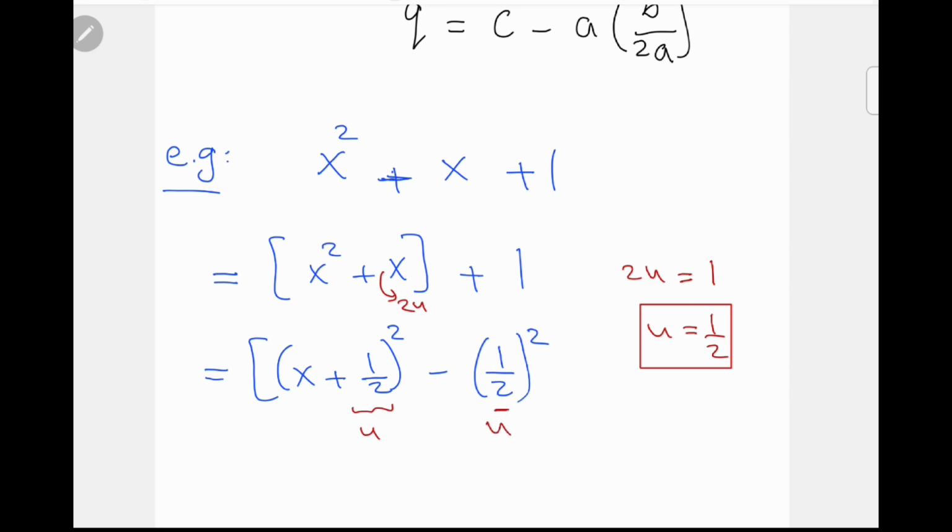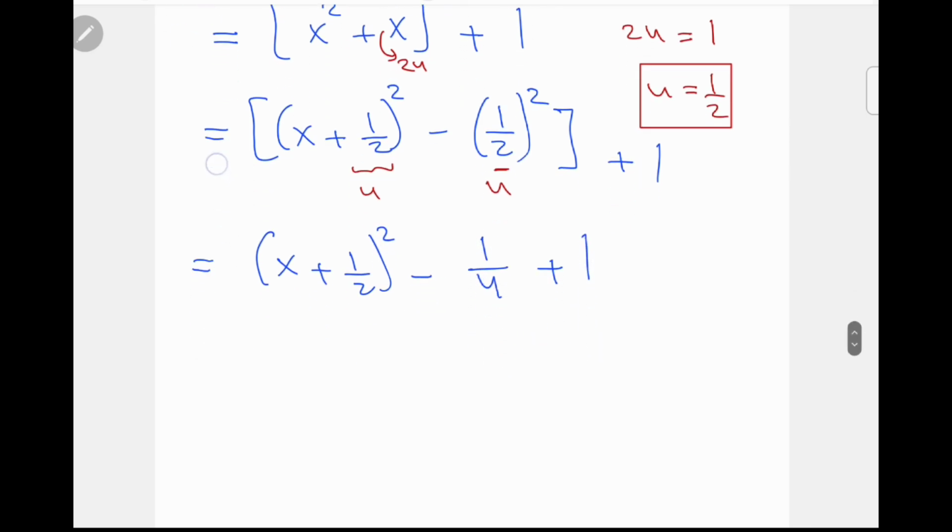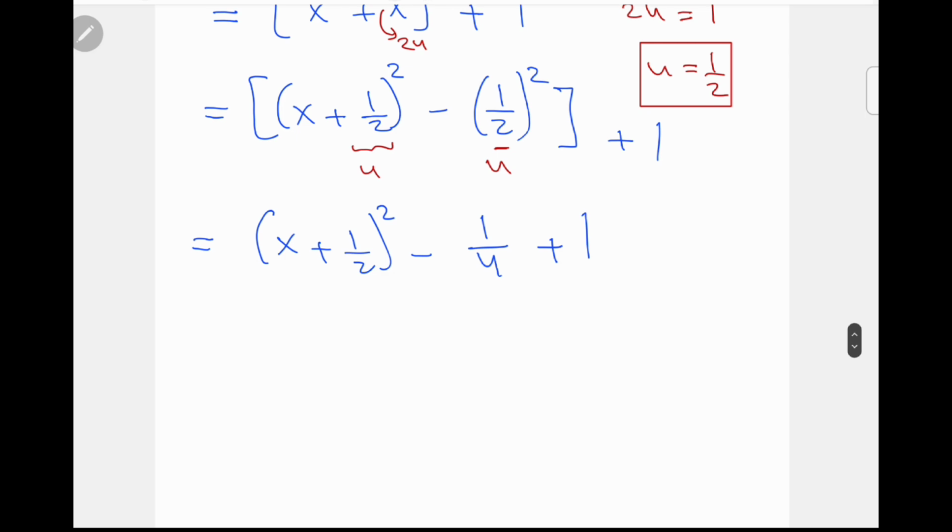That's the u squared, plus 1. So now I can make this x plus 1/2 squared minus 1 over 4 plus 1. And how do we do this?